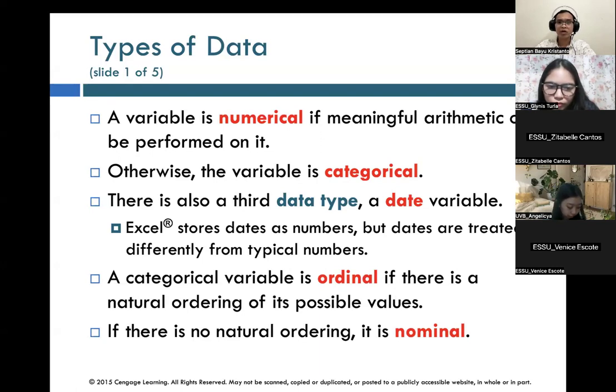Sometimes we have only two possibilities, like gender, if you are male or female, or if you study or not study. That's only two options, so we call it nominal, or more simply binomial. Bi refers to only two possibilities shown in your data.